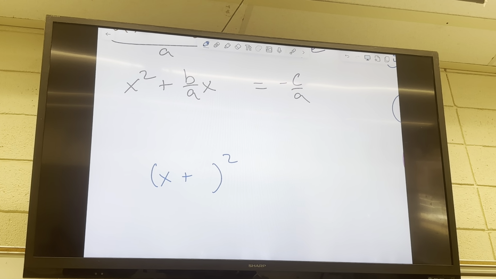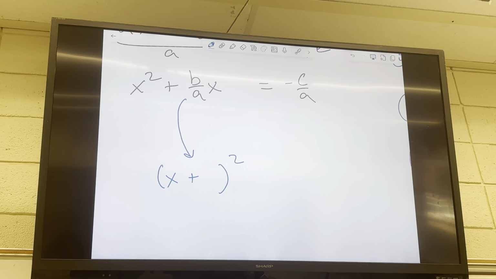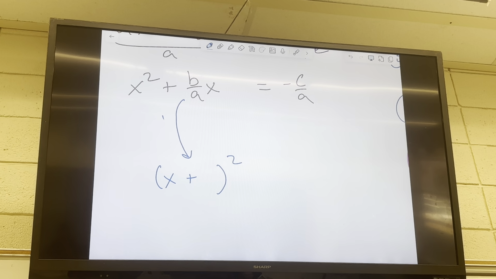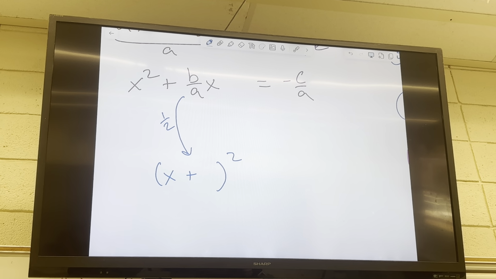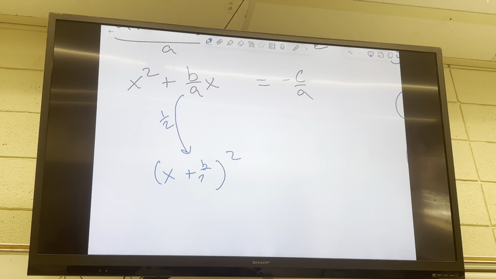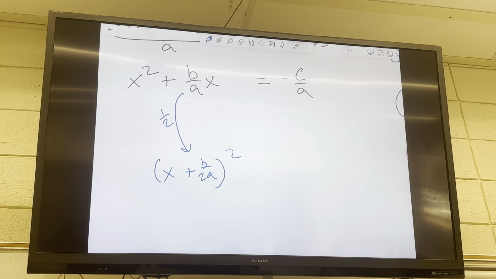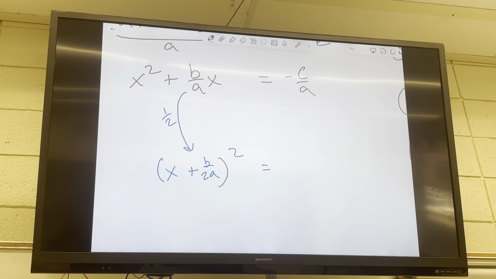The way we figure out what goes there is we take half of this coefficient. So we do half of b over a, and 1/2 times b over a gives you b over 2a. And so that's the factored form of this quadratic.